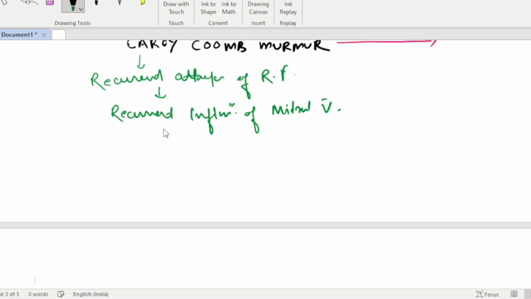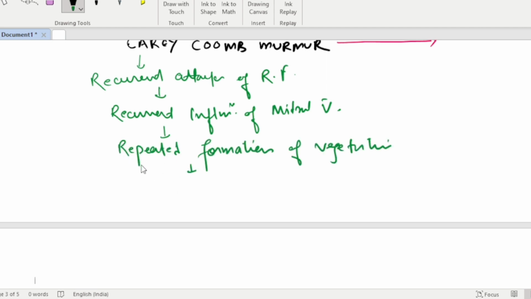With recurrent inflammation, there will be repeated formation of vegetations, and these repeated inflammations heal with fibrosis. Eventually, they lead to permanent stenosis.